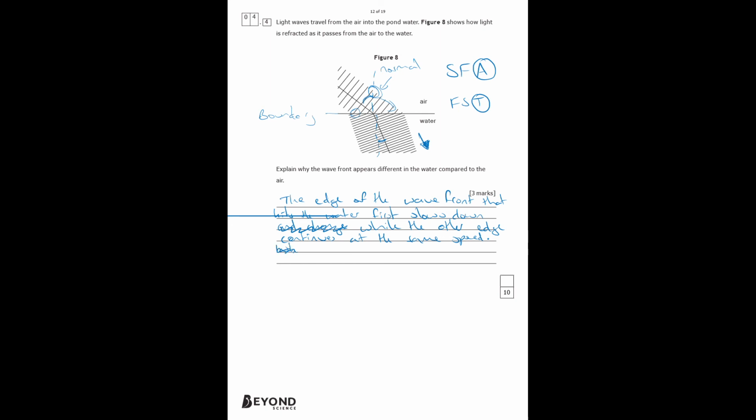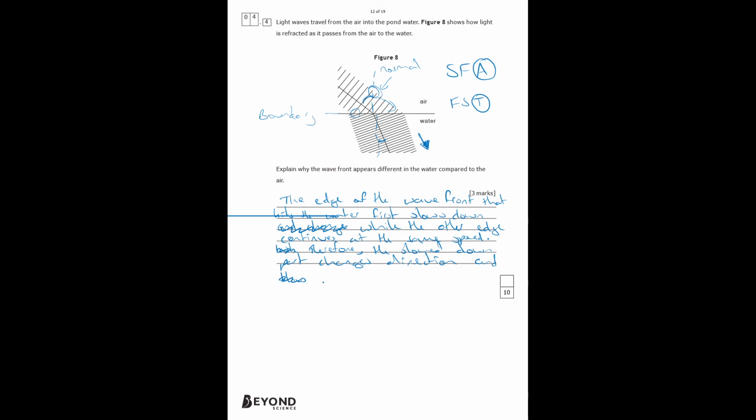Therefore, the slowed down part changes direction and thus appears different.